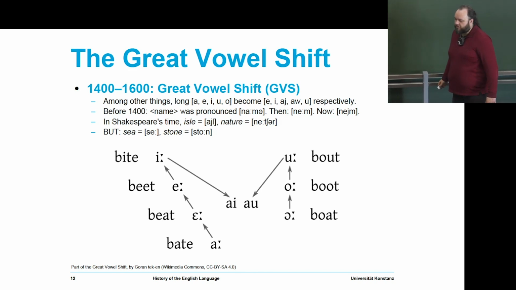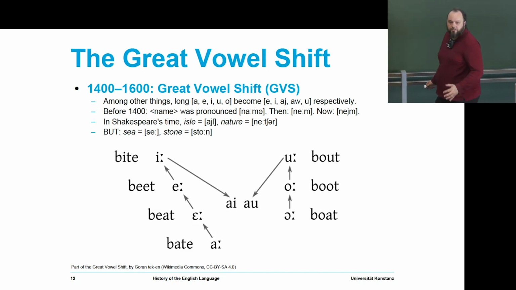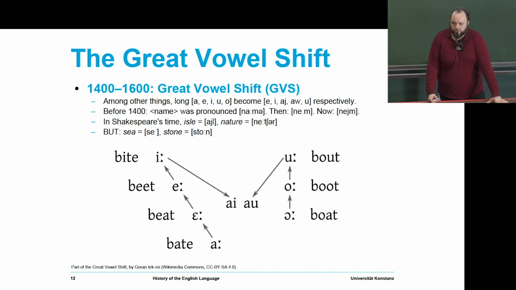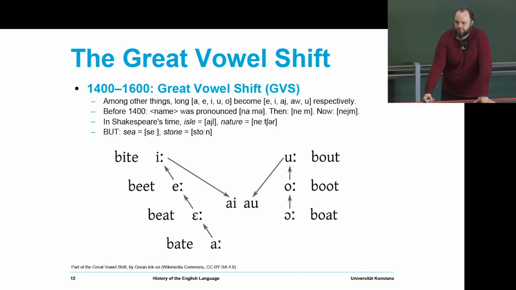And all of these words, you might find the pronunciations when you think about it, especially like this one here. This word here would have been, in the earliest part of the early modern English period, pronounced boat, which for those of you with some German may strike you as a little bit familiar.